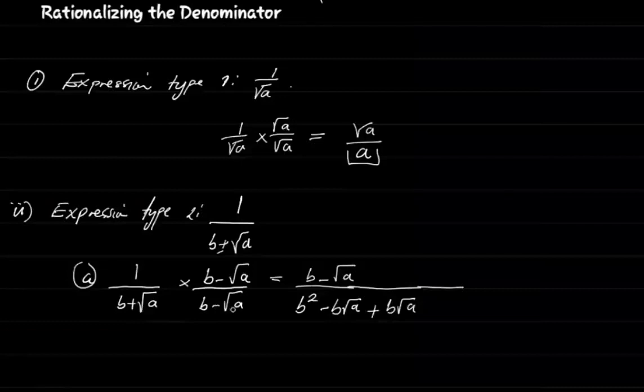Then root of a times negative root of a gives negative a. So I hope you are following how I'm arriving at the final solution here. This will be b minus root of a over, these two will cancel, then I'll remain with b squared minus a.